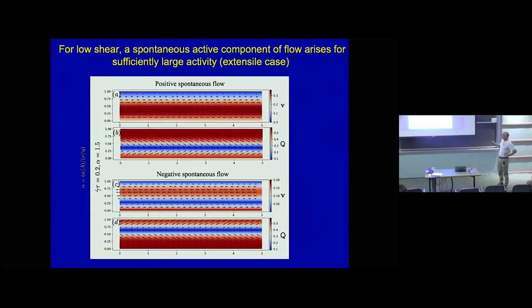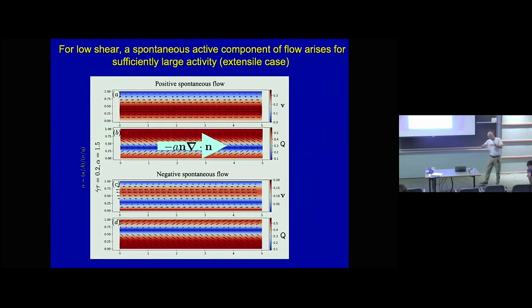So you can just look at this and see that you're going to get this kind of splay, and you can think about minus the activity times the divergence of Q, and that active force is going to have a perpendicular component at various points as you go across, but that's just going to balance with the transverse pressure gradient. It's going to push the fluid to the right.